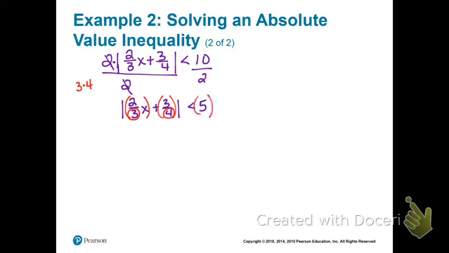Here I have a 5, which is the same as 5/1. I'm not worried about it. It's not a fraction. But it's still going to get multiplied like everything else to keep it equal. So we're going to multiply every term that we've got here by 3 times 4. I have 3 different terms, and they're all going to get multiplied by the 3 times 4. So for this first one here, when I multiply, the 3 will cancel, so it just leaves us with the 4 times the 2x.